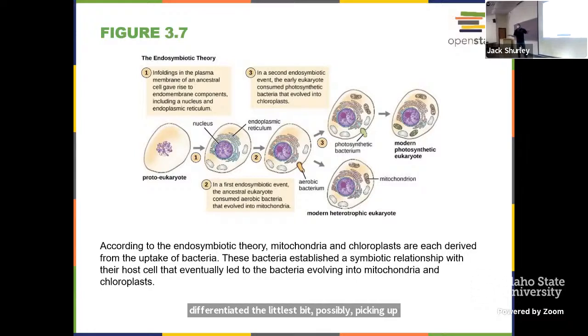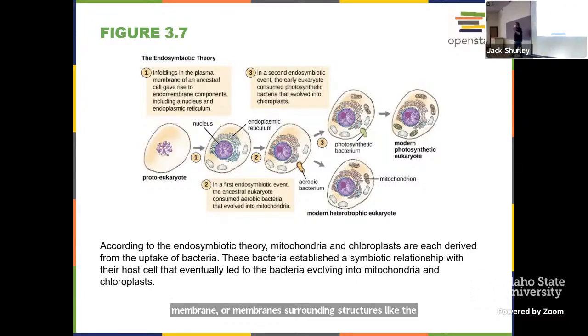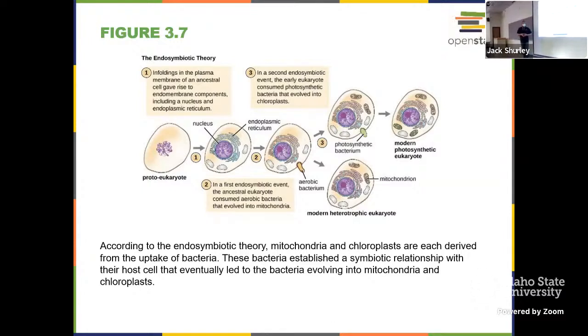There's a handful of things that are showing up in here, more than just our endosymbiotic theory, all right? Which is happening down below. We can see things like membranes surrounding structures like the nucleic acid and the formation of a nucleus. As we think about cellular reactions, there's all sorts of things that happen as we start degrading molecules, and all sorts of things that we might think of as toxic substances that might be generated in this process.